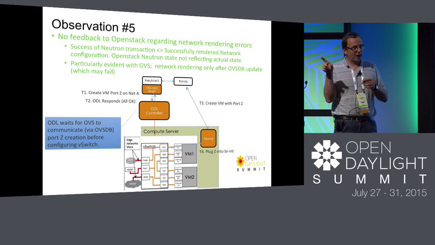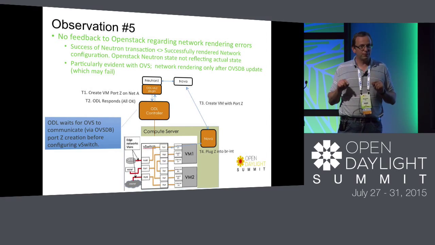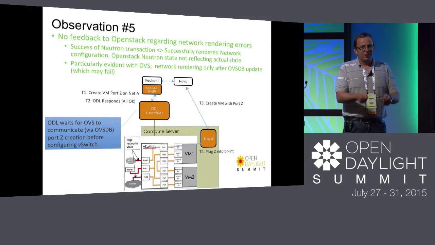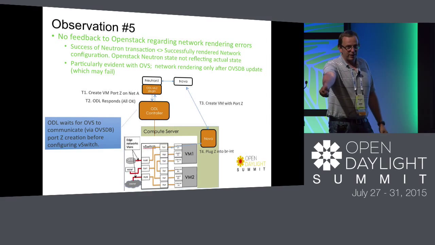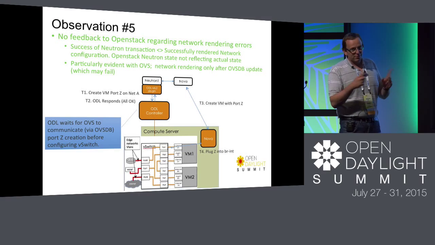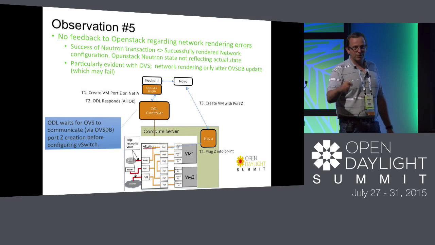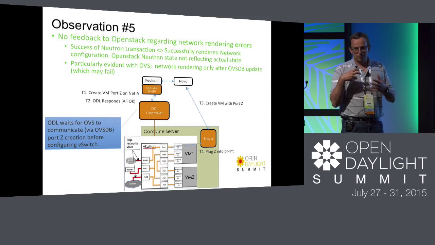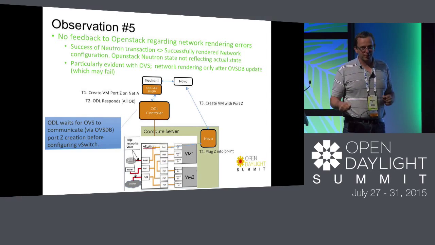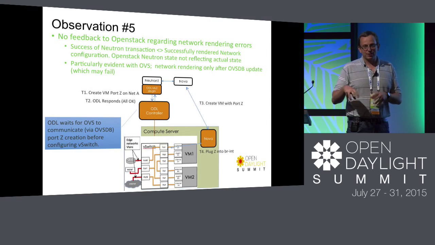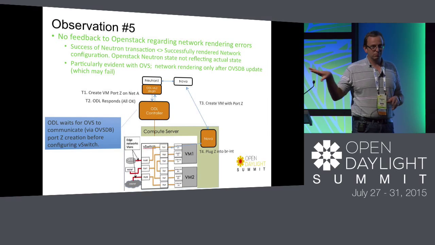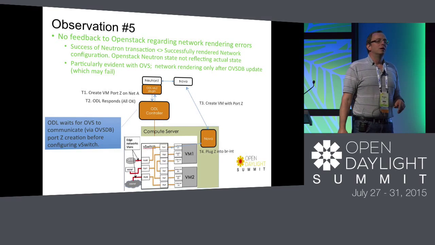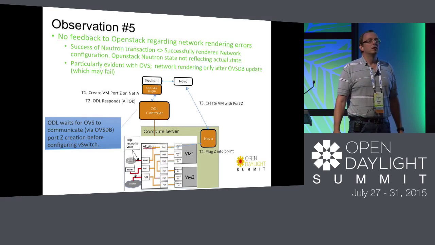If I may use an analogy, the architecture with this OVS piece is one where you have a PC, and it's the PC plugging itself into the switch. I think a better model would be that the switch plugs the PC in, with the Neutron component doing the full end-to-end networking piece, as opposed to leaving it to Nova: plug yourself in whenever you're ready. So basically, Neutron never gets feedback about failures from Nova.